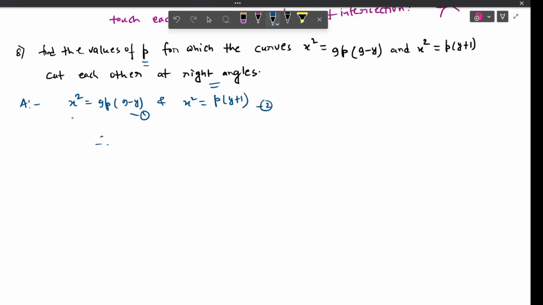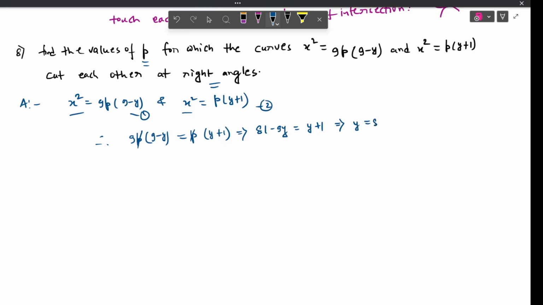So we can say this is x square and this is x square. That means 9p into 9 minus y should be p into y plus 1. So this p and p cancel out. This should be 81 minus 9y equals y plus 1.